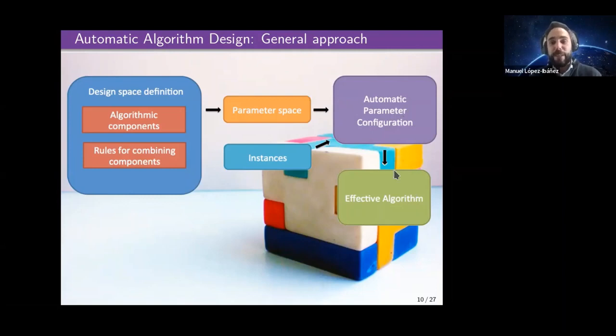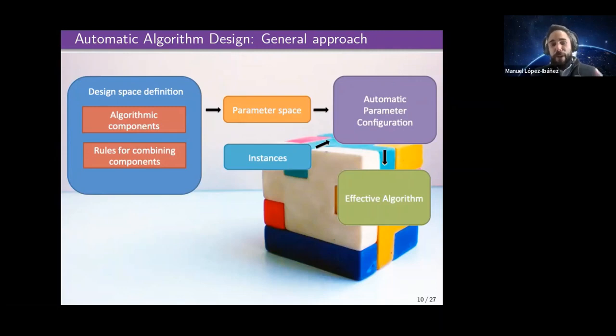So we use specialized algorithms that are called automatic parameter configuration tools or hyperparameter optimization tools to automatically search this parameter space, given some performance criteria and some examples of problem instances that are of interest or some interesting data sets, in such a way that when we find an optimized design, we are actually designing an effective algorithm for the particular application scenario that we are interested in.